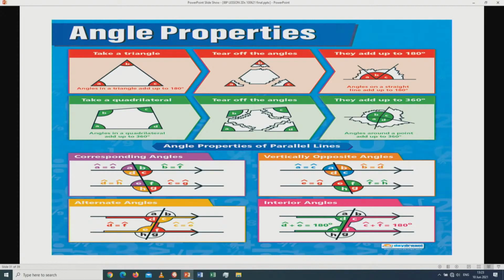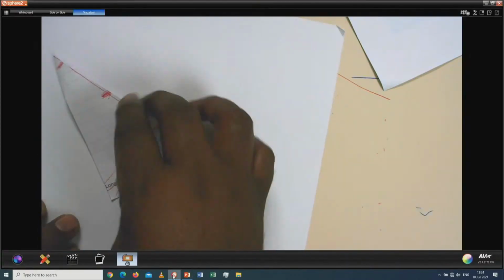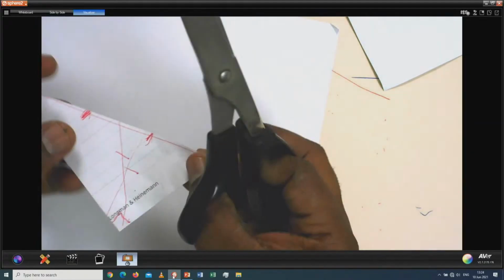And another way of looking at it, you can have your own triangle. Should we try it here? Let's quickly try. Let me show you what they're saying there. They're saying when you add all these angles, they must give you a straight line. You see, here's my triangle.